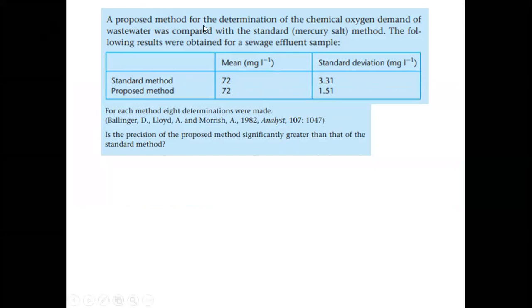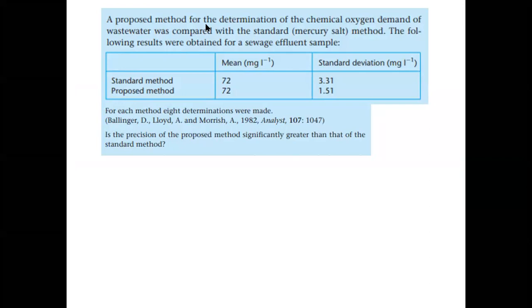So this question says, a proposed method for the determination of COD of wastewater was compared with the standard method. The following results were obtained. So a proposed method has been compared with the standard method here, and the mean value for both methods has been given, and the standard deviation also has been given.